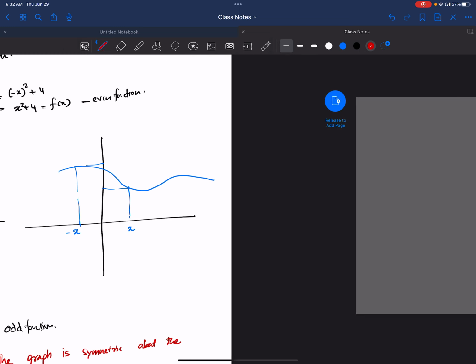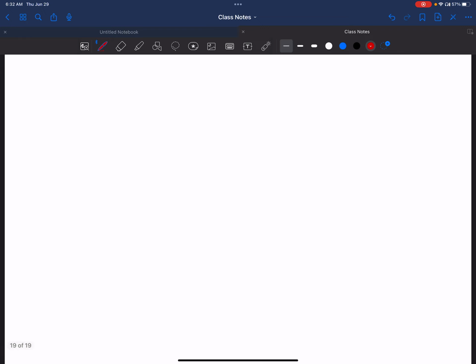Let's do another example, to find the domain of a function. I'll give you a couple of minutes, maybe 3 to 5 minutes, to do this one. f of x is equal to the square root of 4x plus 1.